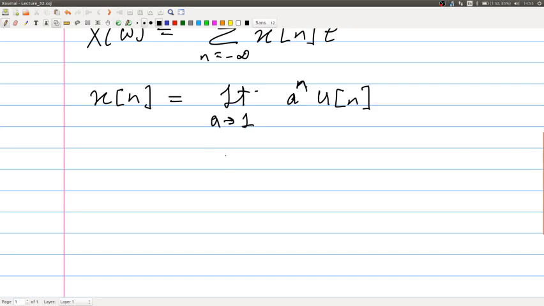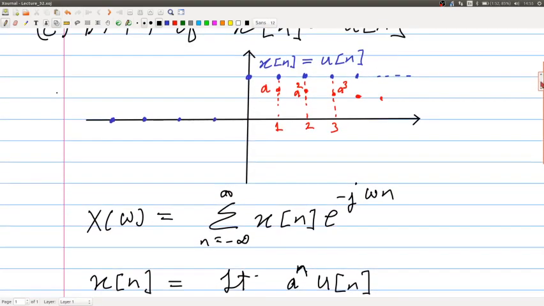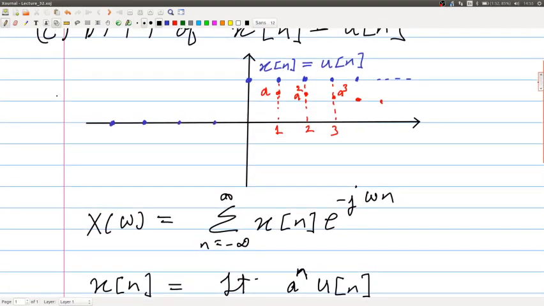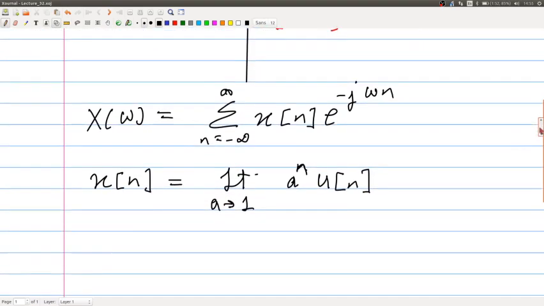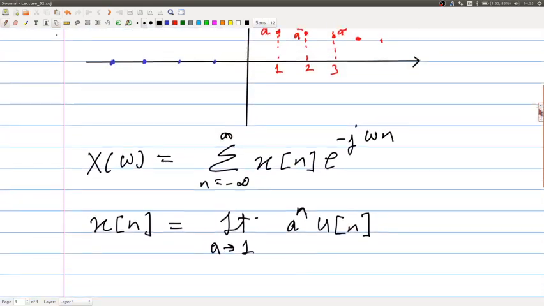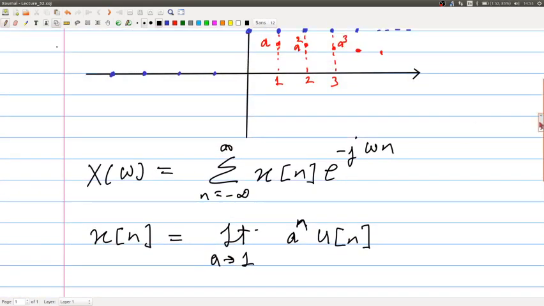So you must notice that u of n is neither an even nor an odd function of n. So from the previous properties which we had seen, it should be very clear to you that X of omega would be neither purely real nor purely imaginary.